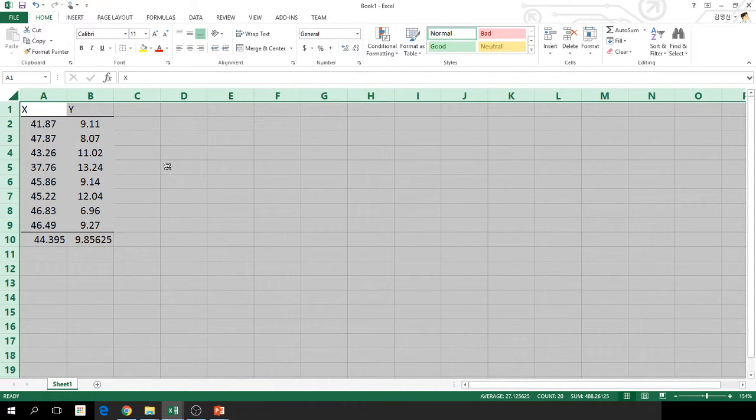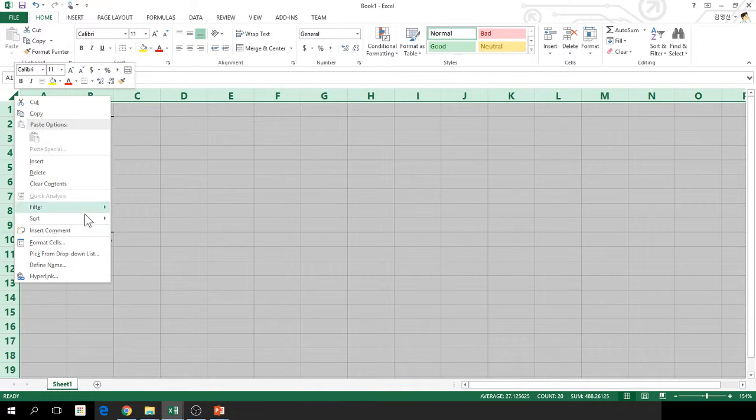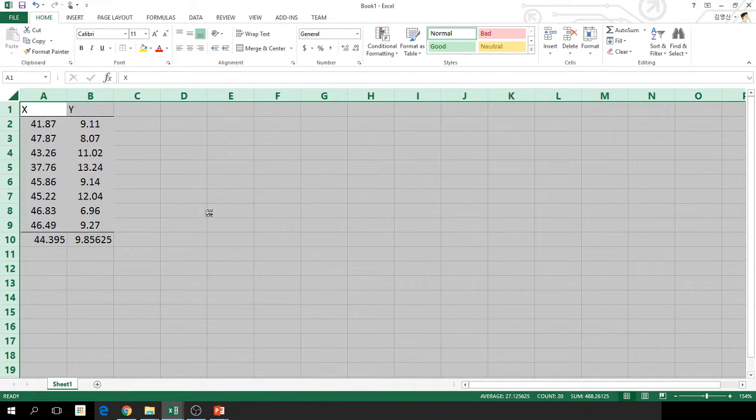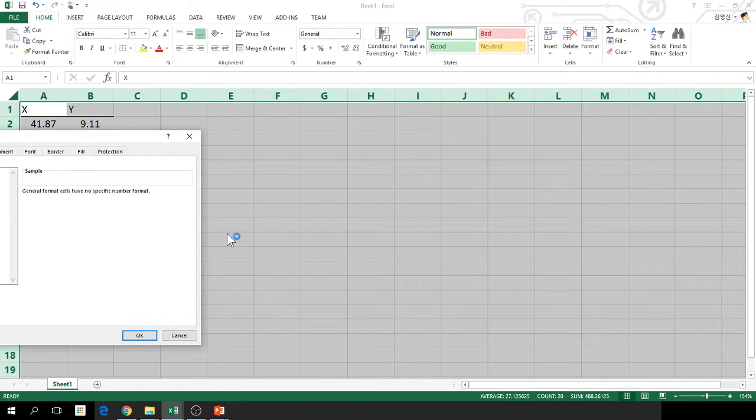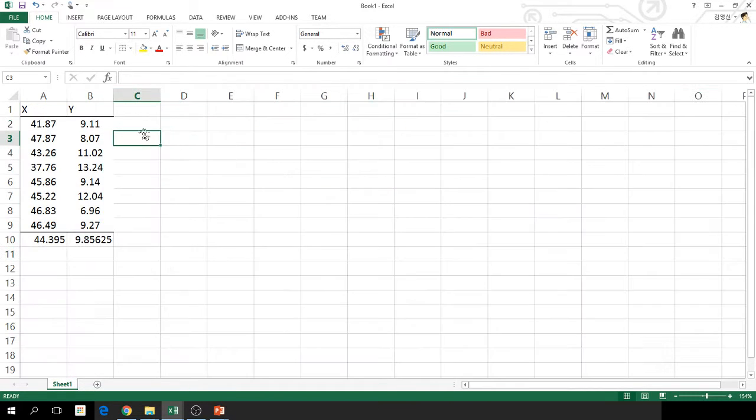Okay. So let me change the cell property. It is not so important. First, let's calculate xi minus the mean of x. That means this value minus this value.